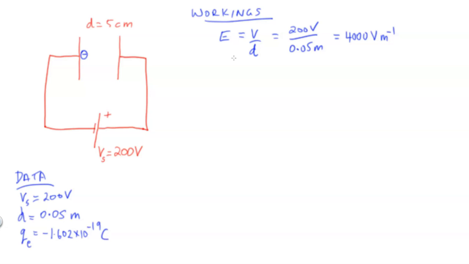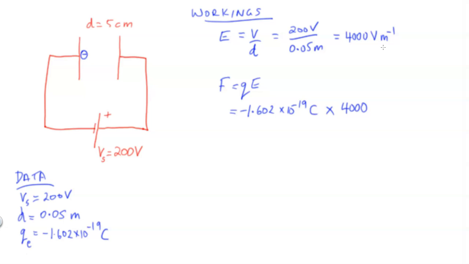Okay, so I know now my electric field strength. I know the charge of an electron. I can calculate now the force that's going to act on that charge using this equation here. So it's a matter of substituting in this value.